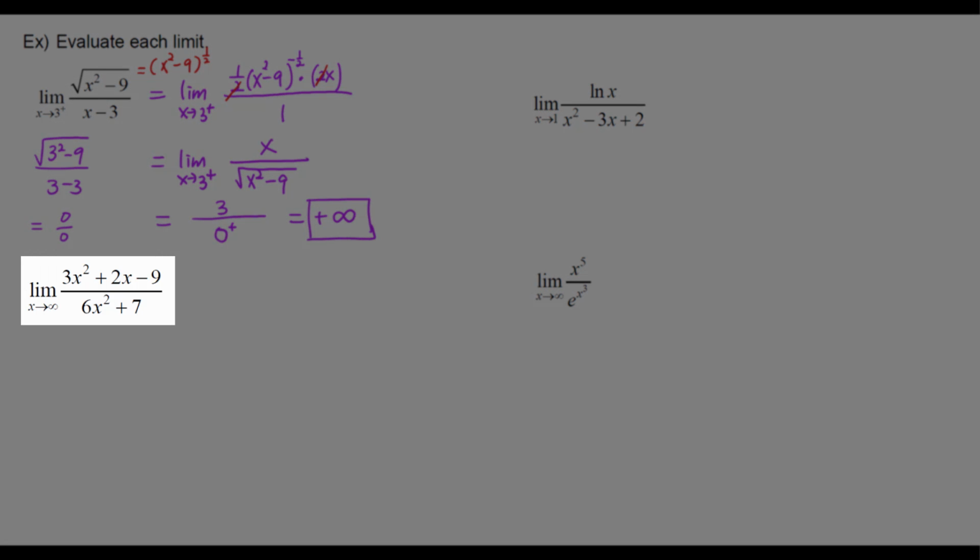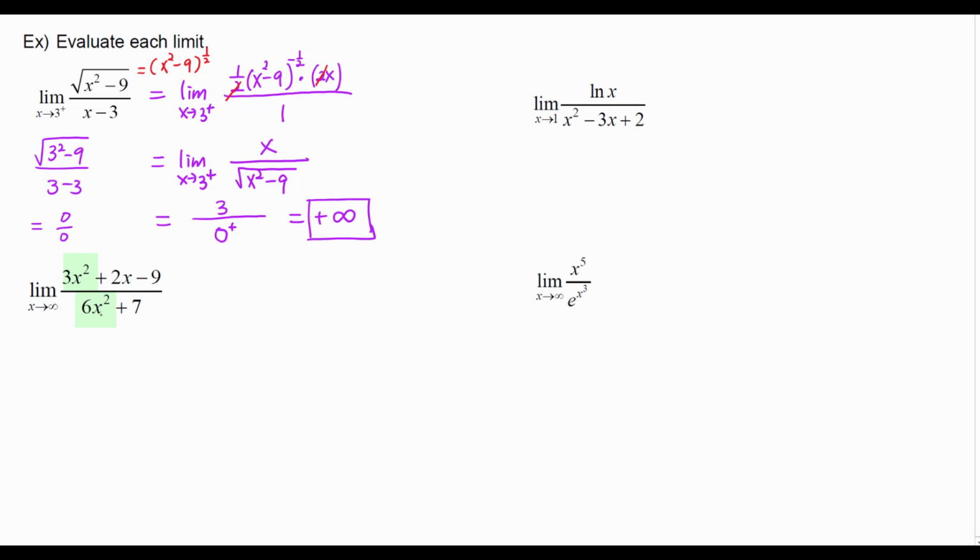How about the limit as x approaches infinity of 3x squared plus 2x minus 9 over 6x squared plus 7? Well, the x squared terms will dominate these polynomials, both the numerator and denominator, and it will go to positive infinity over positive infinity. So this is an indeterminate form, so you get to use L'Hopital's rule.